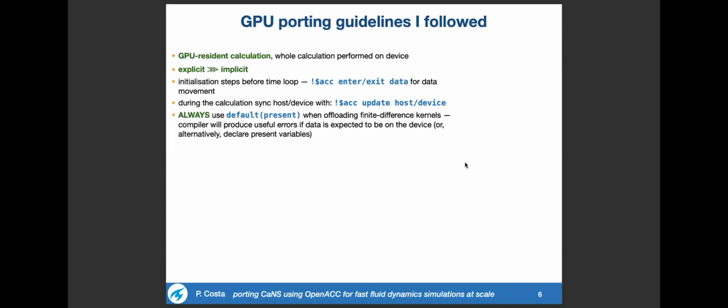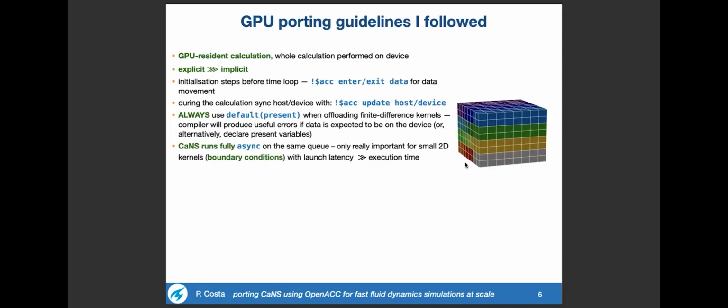Then something that was quite useful, at least for me, is always using default present when offloading finite difference kernels in a loop. If I forget to move some data to the GPU, I get immediately a runtime error, which, at least with the NVIDIA compiler, tells me which variables I forgot to have on the GPU, so I can then go back and debug.